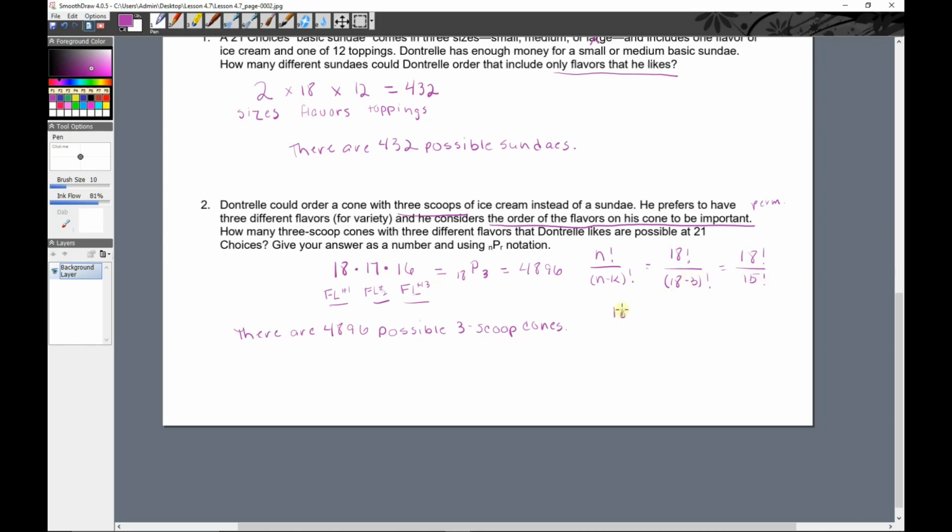This is going to be 18, let's put an equal sign here, times 17 times 16 times 15. And I'm just going to stop it here and make that a factorial, because that means it keeps going. It's just going to save me time from having to write all those down from 14 to 1. And this will be over 15 factorial. So cancel, cancel, and this is the same thing as that. See that? So everything works.